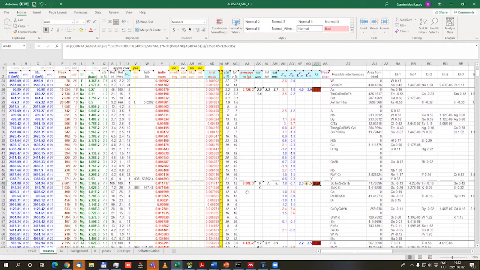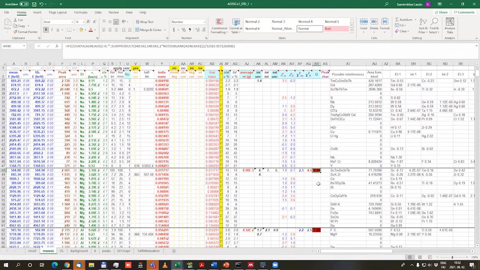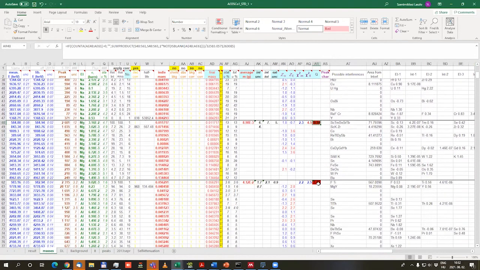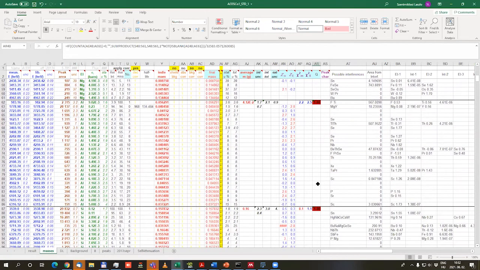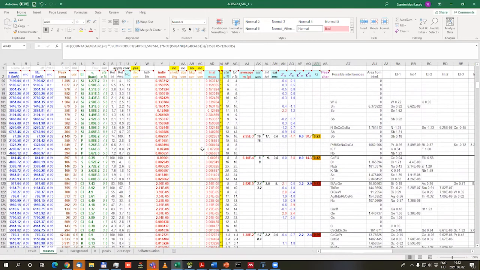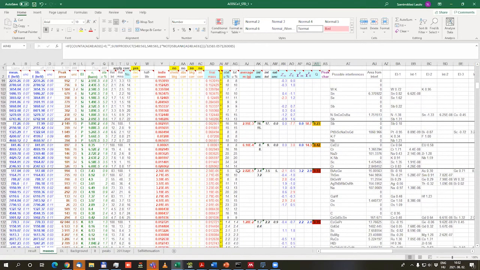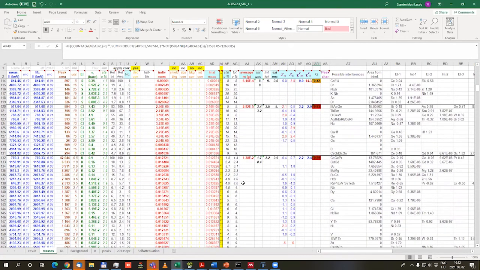And the mass value is also in line with the others. So that means it is well acceptable, and there is a high probability that the element is present in our sample. If we go down somewhere else, then we can say that this is just a false coincidence.